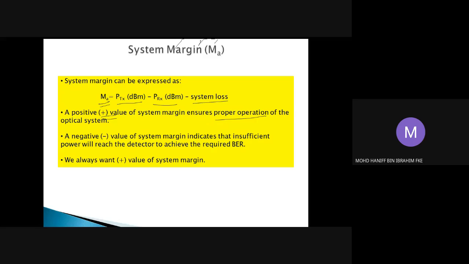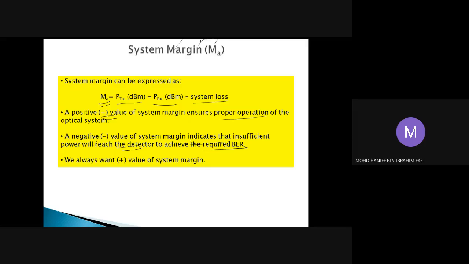But if the result of the right hand side subtraction is negative, it means that insufficient power will reach the detector to achieve the required BER or required SNR.